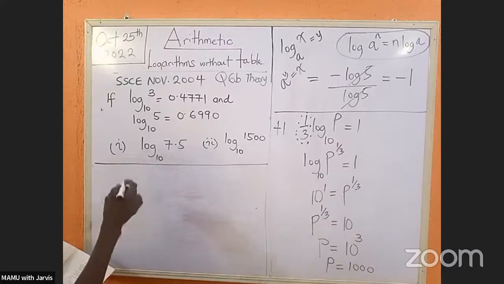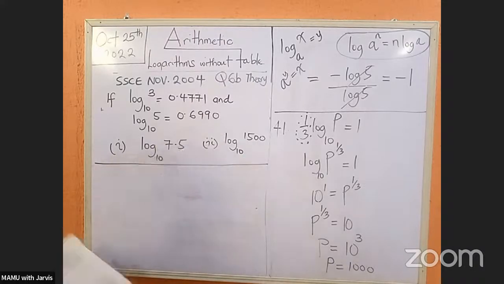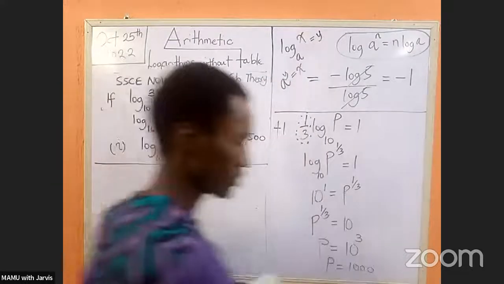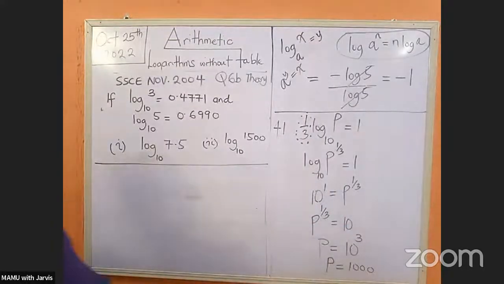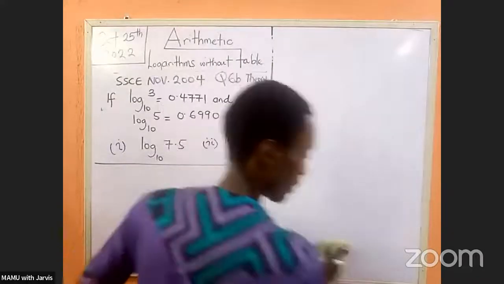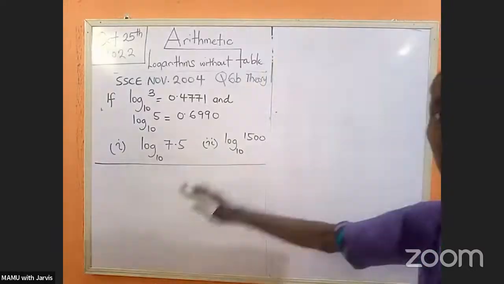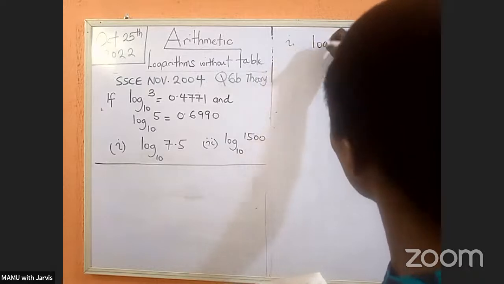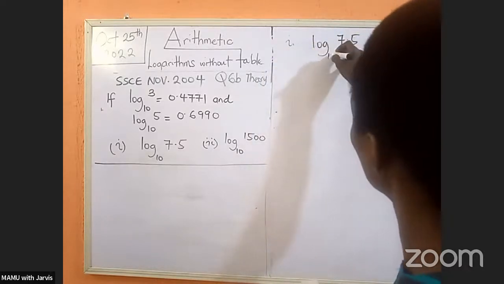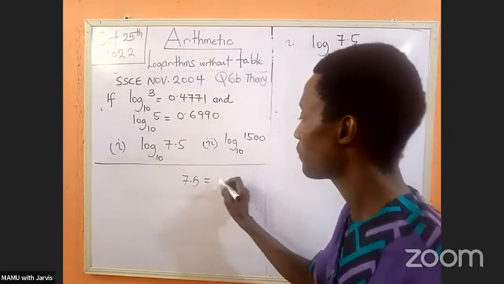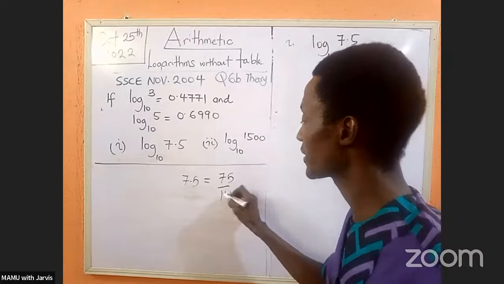All right. So this is what we are having. How do we solve this? Let's solve on this part, and I'll use the other part to do some explaining. Now, look at Roman figure 1, log 7.5 base 10. Remember that 7.5 can be 75 divided by 10.